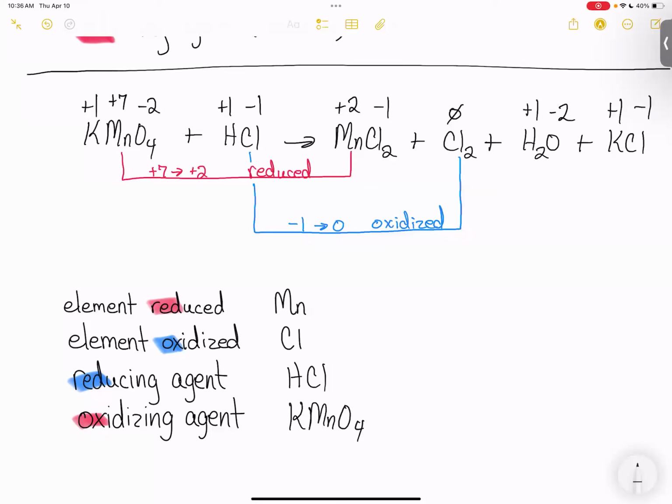Questions? Okay, I'm glad you asked that. For the redox reaction, I will not ask you to balance the equation. You don't have to balance redox reactions to get the information.